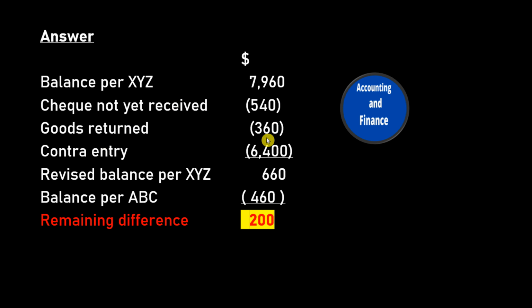Goods returned, minus $360. Contra entry, minus $6,400. Revised balance per XYZ, $660. Balance per ABC, minus $460. Remaining difference, $200.